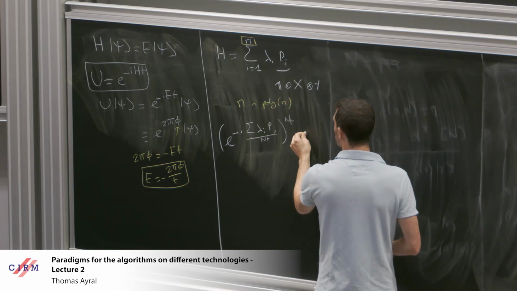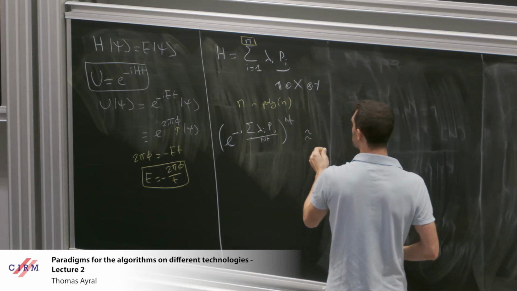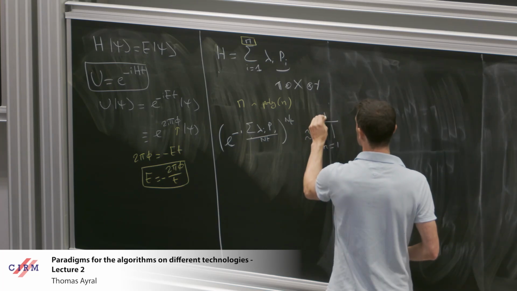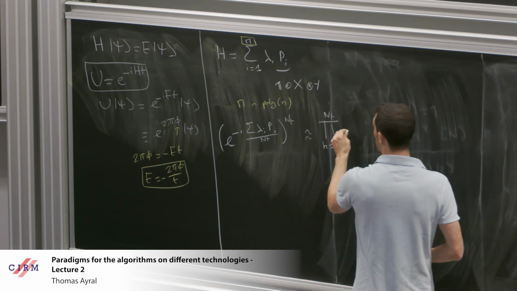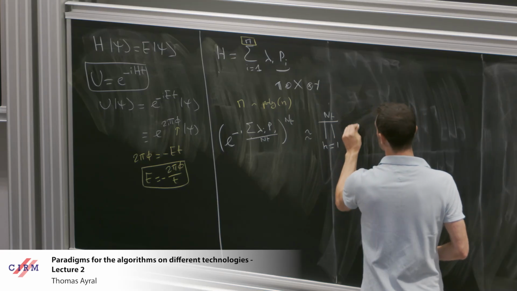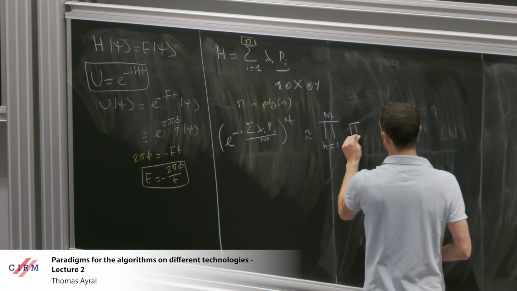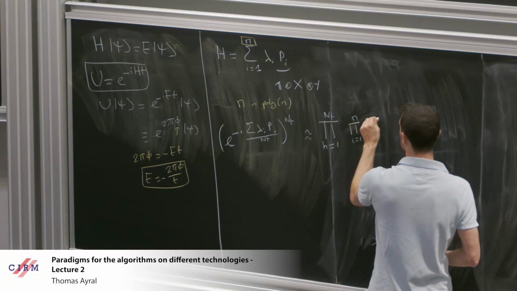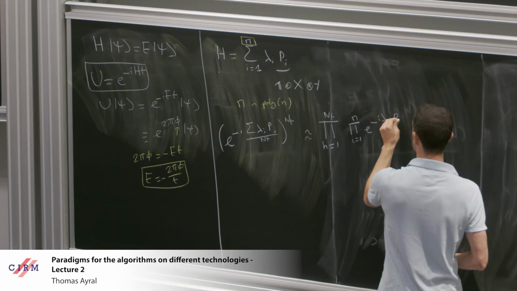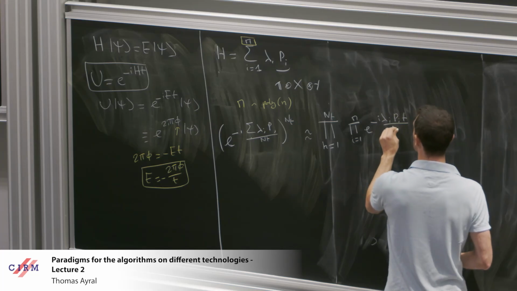And now I'm going to do an approximation that this is in fact the product from k equals 1 to Nt of the product over i from 1 to M of exponential of minus i lambda_i P_i t divided by Nt.